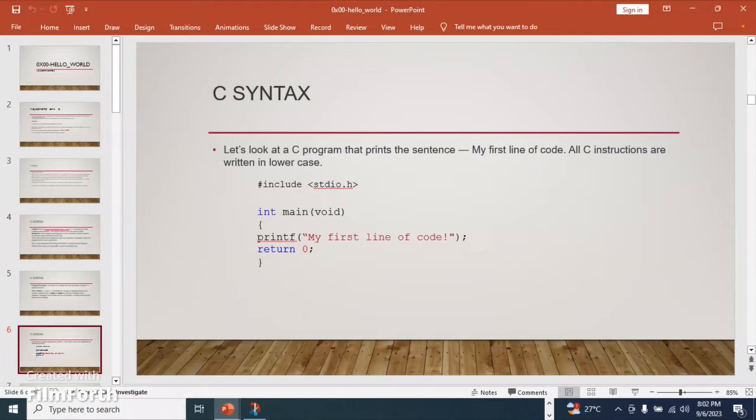Inside the main function here, there's a printf. This printf is a function. You know, when you are doing shell scripting, there's a command called echo. Echo displays whatever is before it. Printf displays strings, displays sentences, displays numbers, displays elements or entities to output.